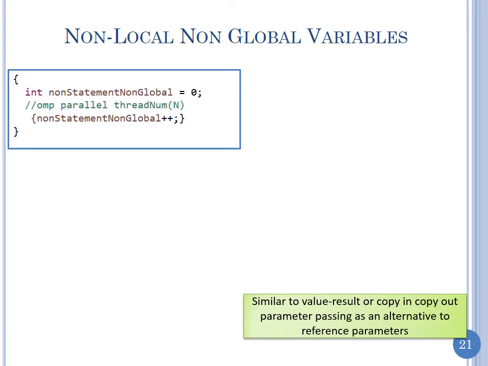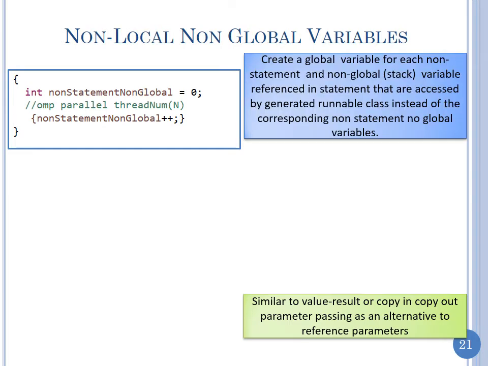And if we had reference parameters, John Ray's solution would work just fine. But we don't have reference parameters in some languages, in particular Java. In some languages, you have value result or copy in, copy out parameters. And if you don't quite know what this means, look up Wikipedia. But we'll use that basic concept here.